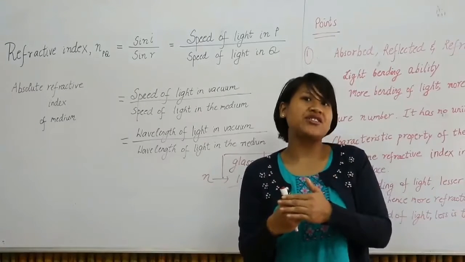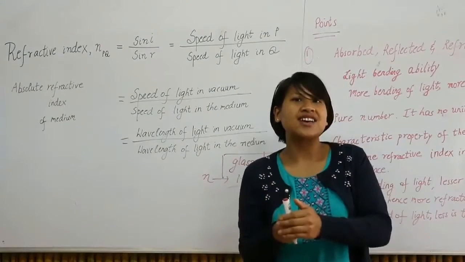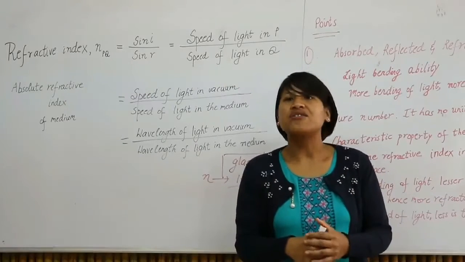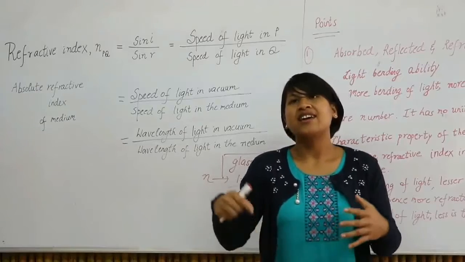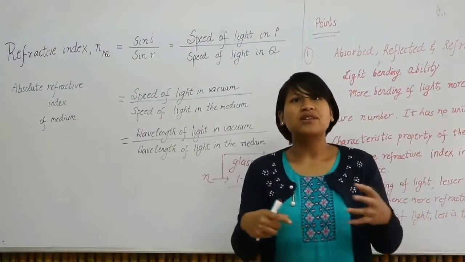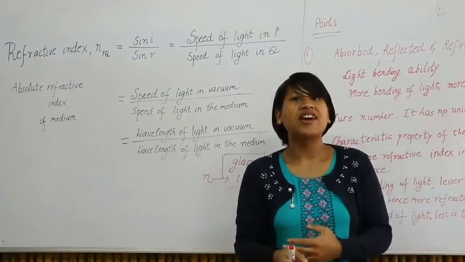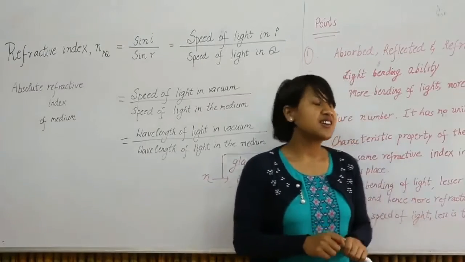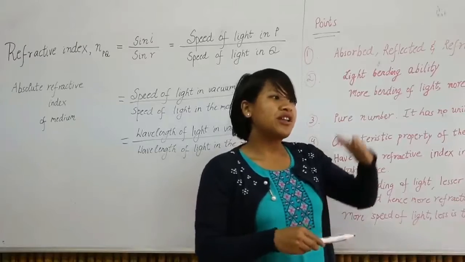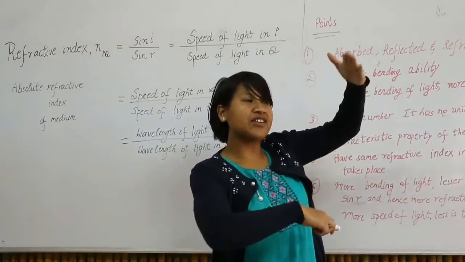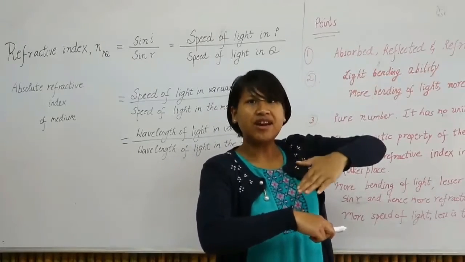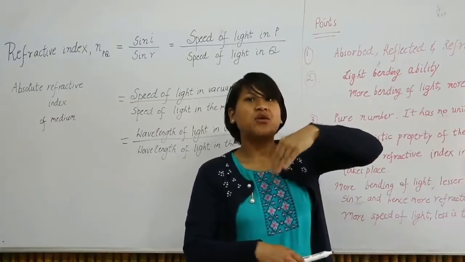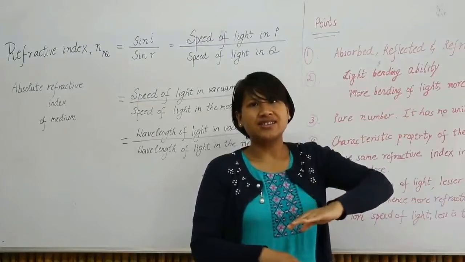You have to know first the refractive index of the glass, then they construct the lenses of optical instruments like cameras, microscopes, telescopes, and so on. Another point is that when we have two media and their refractive indices are the same, then no refraction takes place.